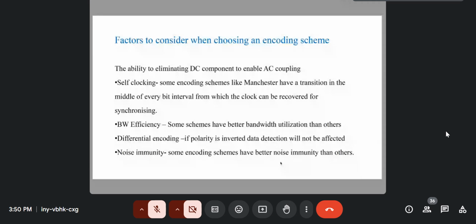White noise is additive. So the ones which, for example, just rely on a transition, either from high to low or low to high, have immunity.